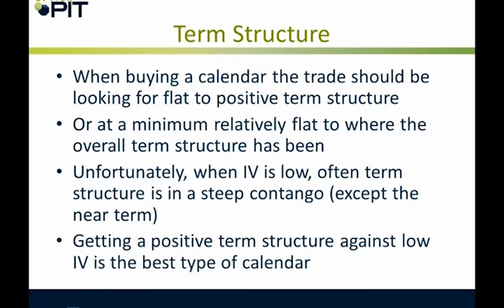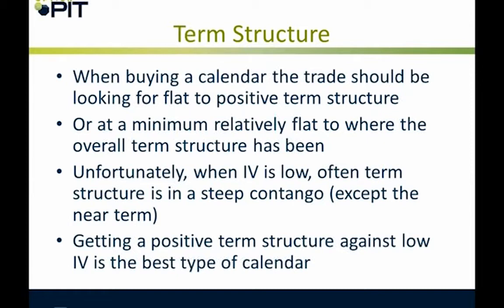So when buying a calendar, the trader should be looking for a flat or positive term structure, or at a minimum, relatively flat to where the overall term structure has been. What I mean by that is you want the volatility you're selling to be more expensive than the volatility you're buying, or at least relatively close.